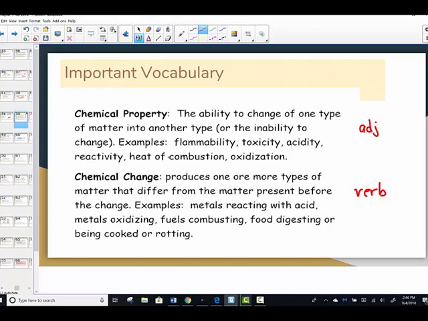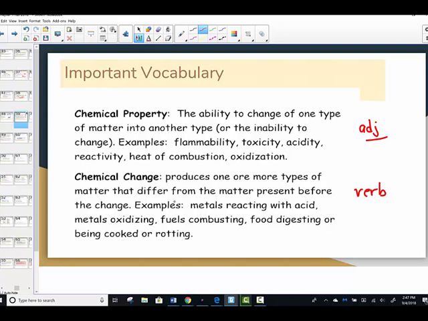For example, flammability, toxicity, acidity, reactivity, heats of combustion, oxidation. These are all adjectives I can use to describe matter as its ability to change into a different kind of matter. The process of undergoing that change is a verb.